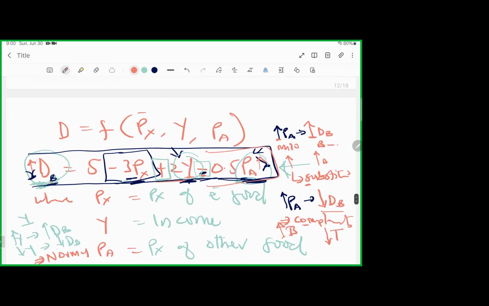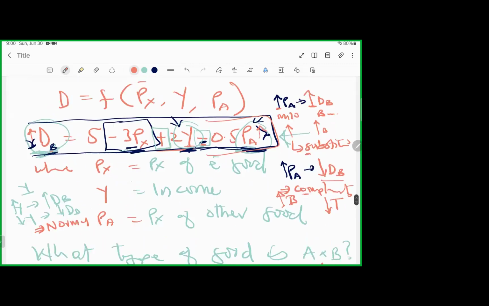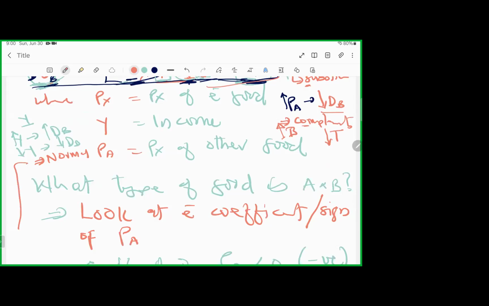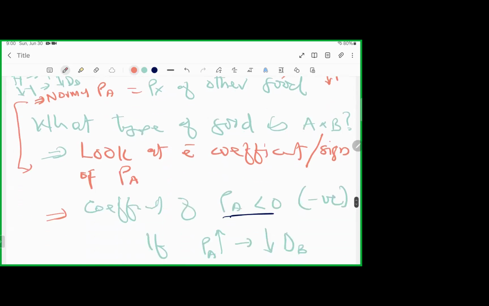So here, if the coefficient is positive, the good is a normal good. However, if the coefficient of income is negative, it means that an increase in your income will lead to a decrease in demand for this particular good.